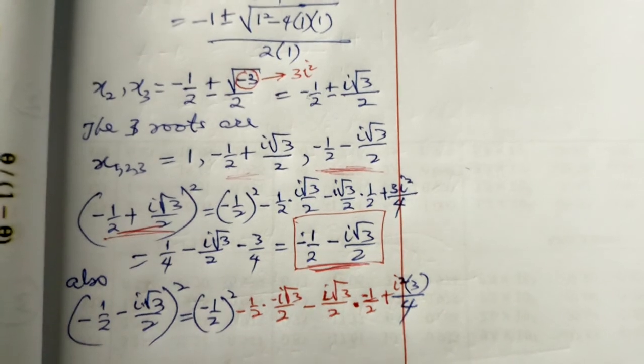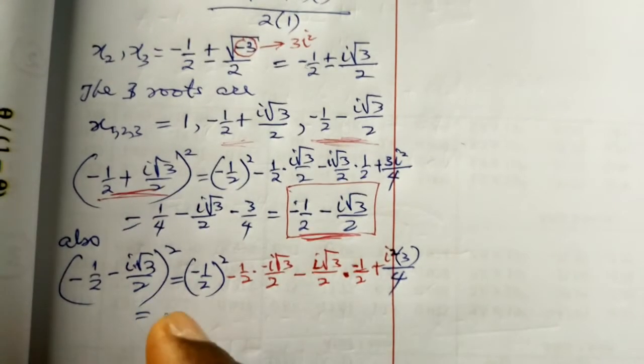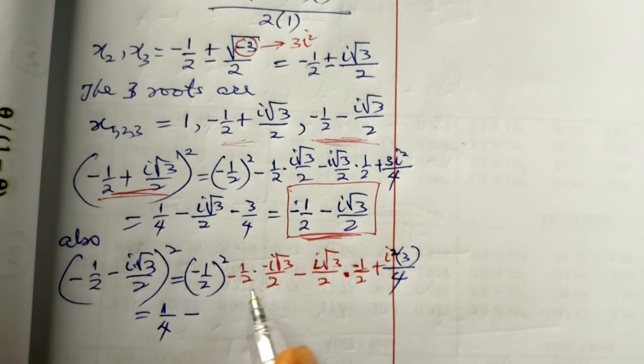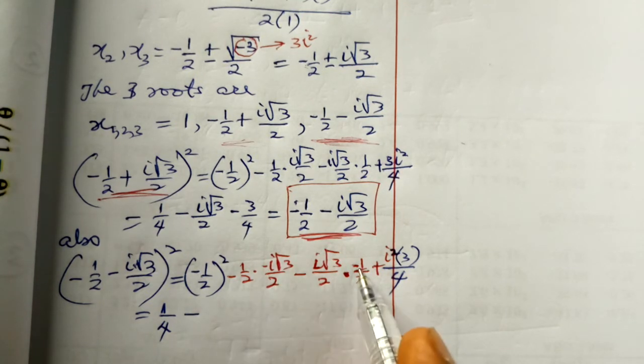So we'll have it to be also 1 over 4 minus. Remember this is minus, this is plus now.